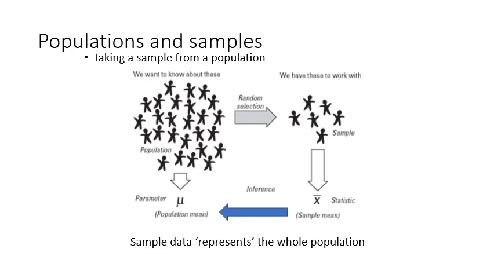So ethically, we are not allowed to harm or endanger everyone in the population. That's why we only have to choose a sample. Also, it is time consuming to contact everybody in the population. That's why we need to sample.